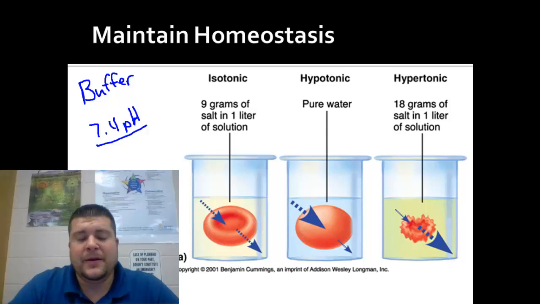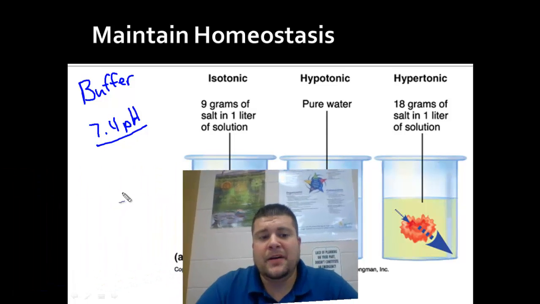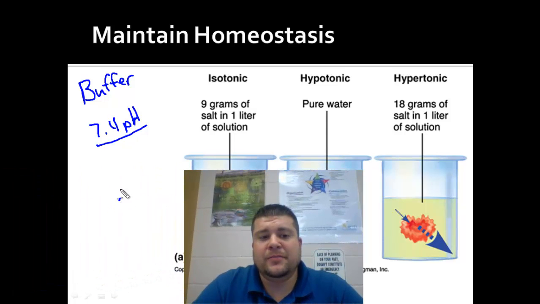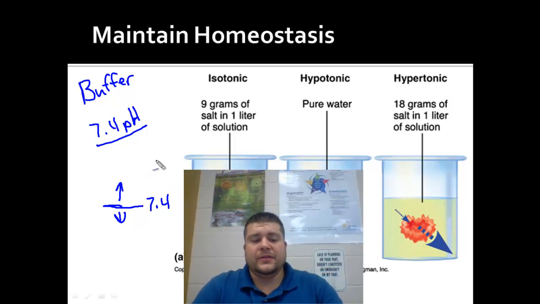So a buffer will help buffer that range of the blood moving up or down the pH scale. So it'll try and keep it equal to 7.4 without going too high or too low. So that is another way that we can maintain homeostasis.